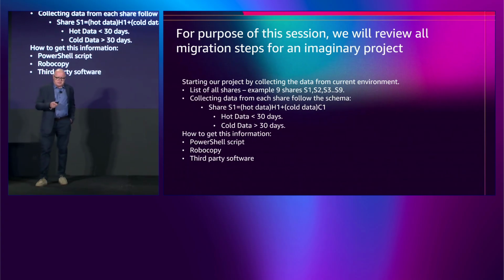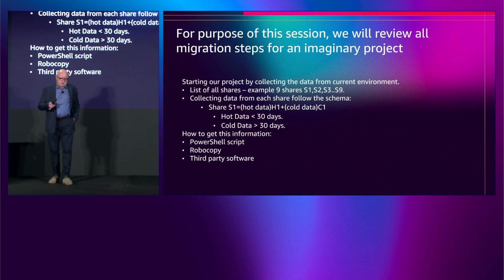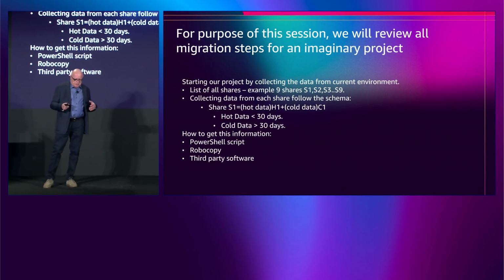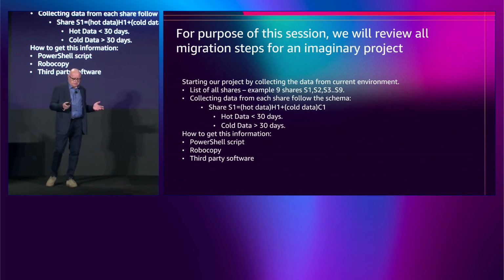For the purpose of this session, I will review all migration steps for an imaginary project. Starting our project, we will collect the data from the current environment. Let's say we have 9 shares, approximately from S1 to S9. We collect the data, we identify the hot data, so data which is less than 30 days old.